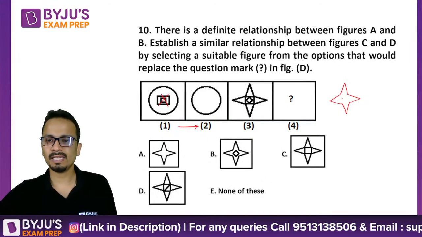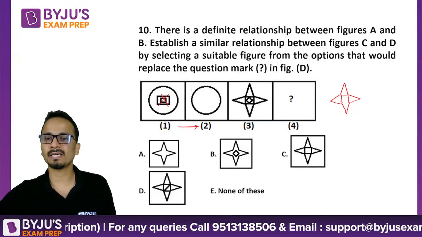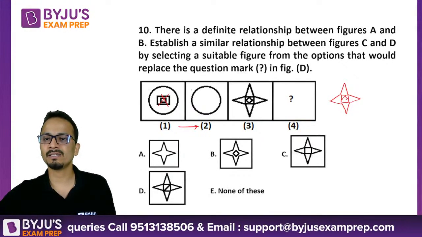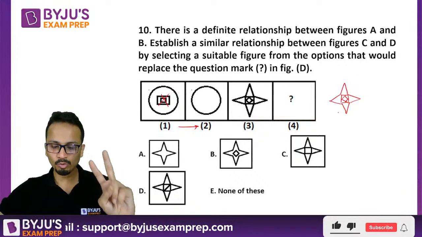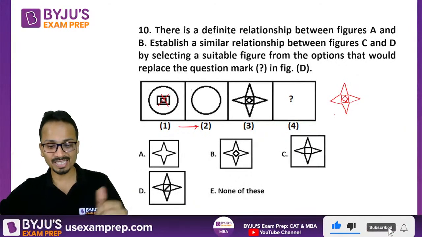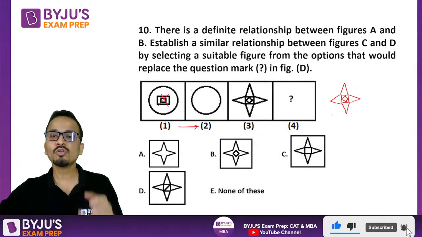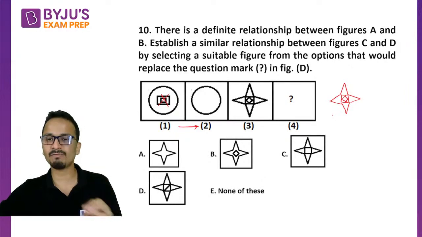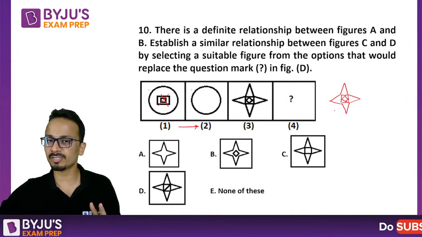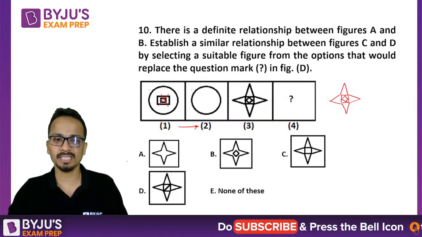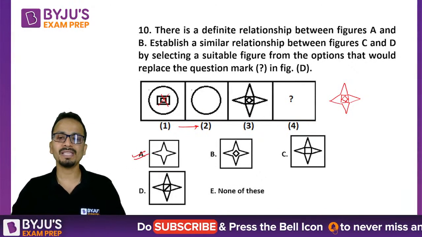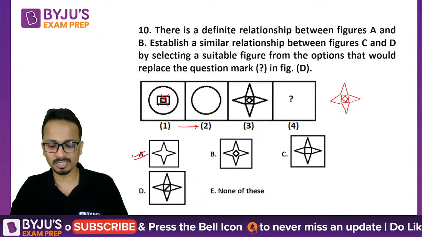Then inside that there is a square, and then further inside there is a diamond. So we have to remove two inner figures. Yes Vicky, absolutely correct. So we have to remove the two inner figures, and only the outer figure will be retained. So option A will be the correct answer, not option C.